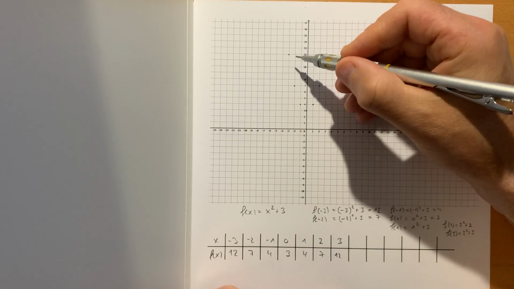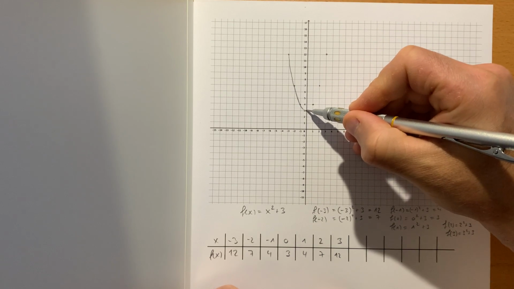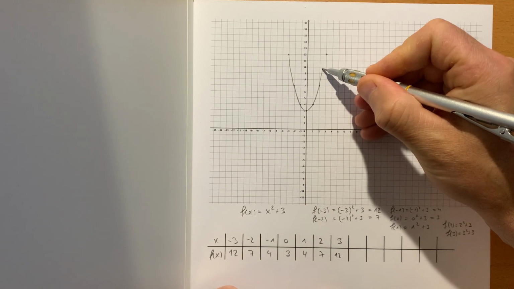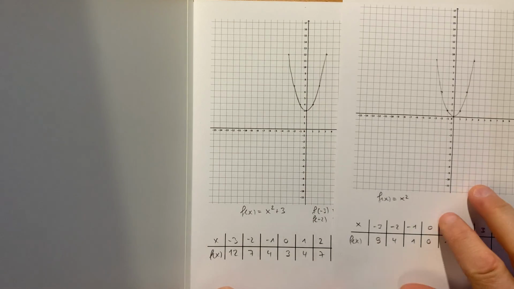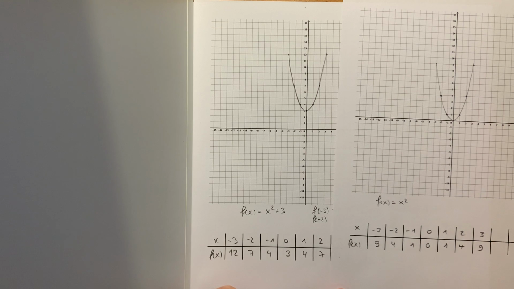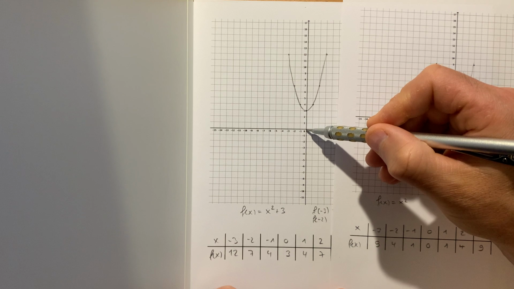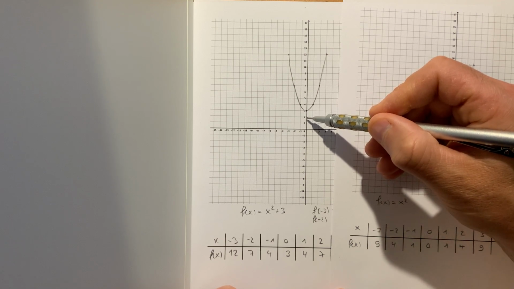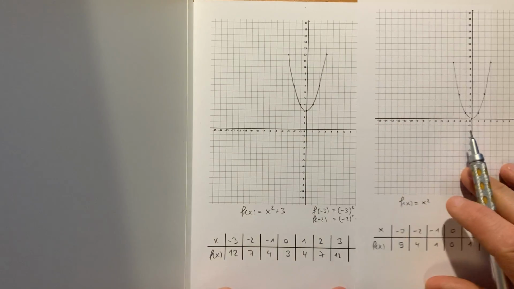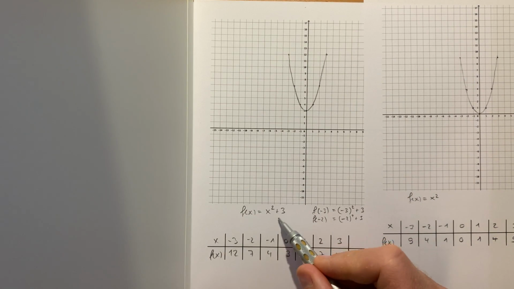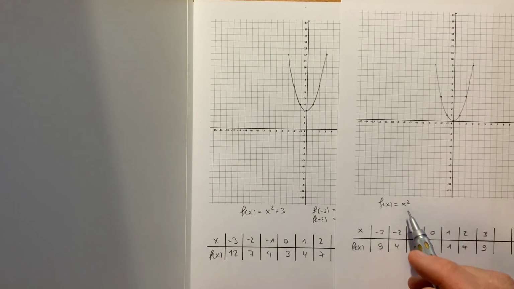So let's draw a smooth parabola here. See? It's the exact same graph as before, only shifted up by 3 units, or translated upwards by 3 units. We say it's translated vertically by 3 units. So this made everything go up by 3 units compared to this one.